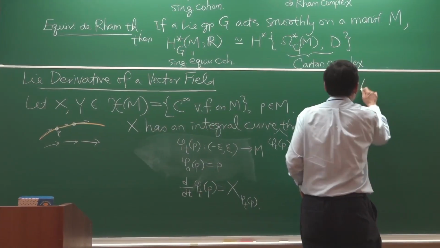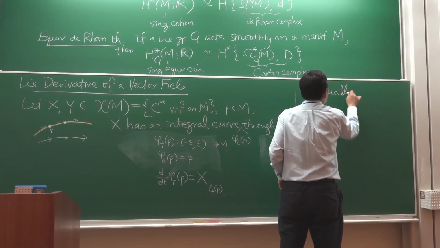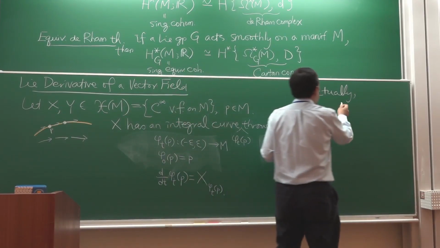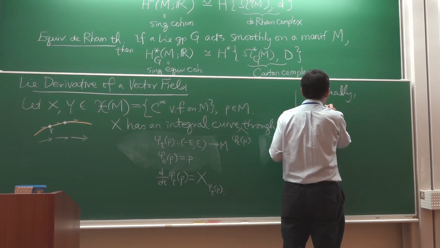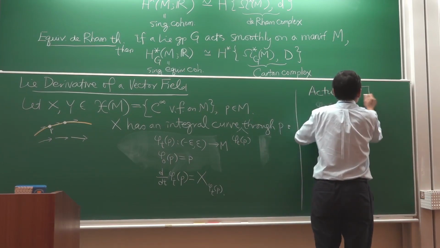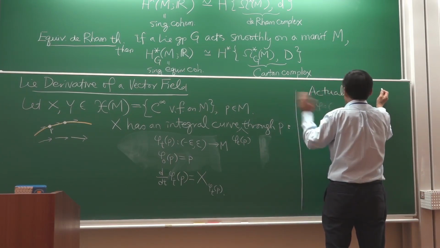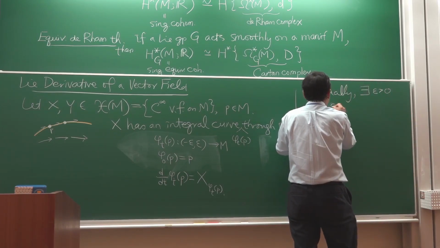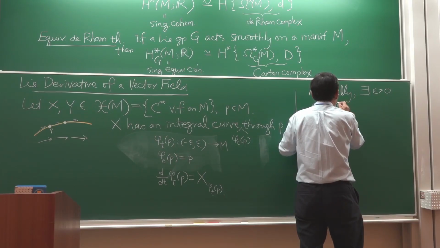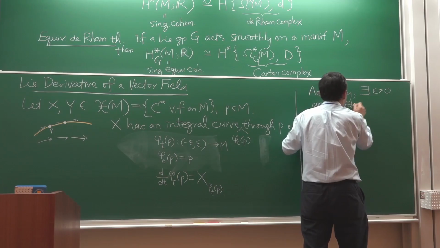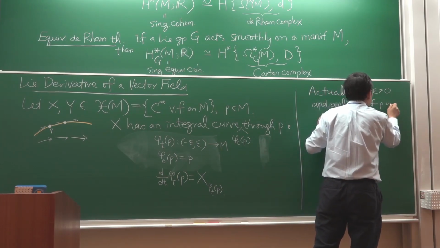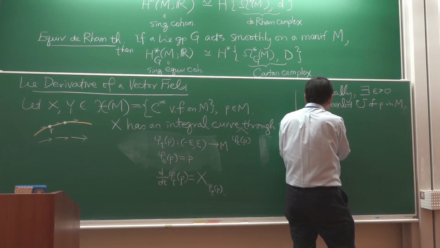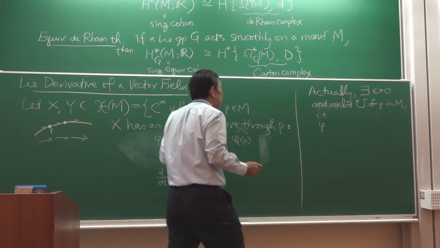So actually, the theorem tells you more than this, that in fact, this phi, so there exists, for any vector field, an epsilon greater than 0, and a neighborhood U of P in M, such that you can actually vary the p.